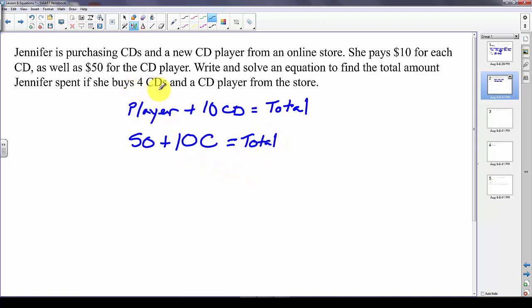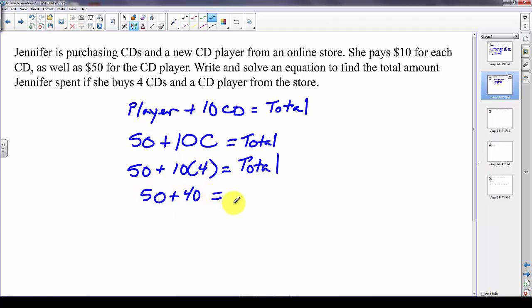But they tell us she's going to buy 4 CDs, so I can just make a substitution and say 50 plus 10 times 4 is going to equal my total. And since I have an equal sign once again, this is an equation. So I have 50 plus 40 is equal to a total of $90 spent.